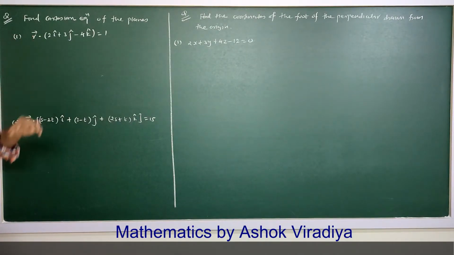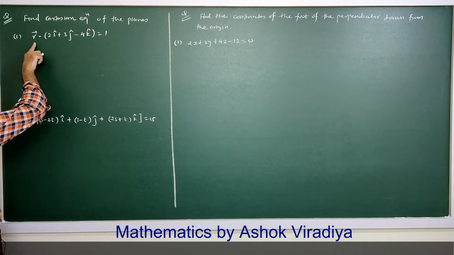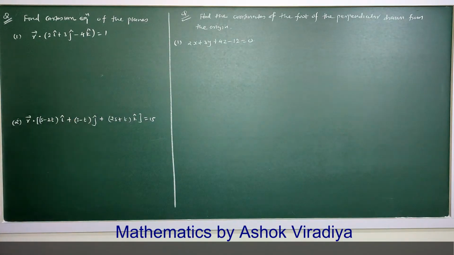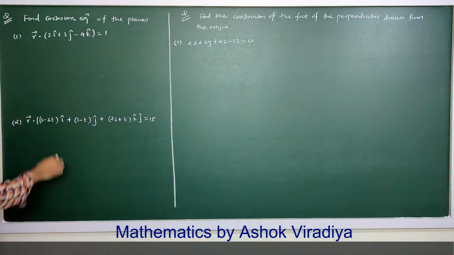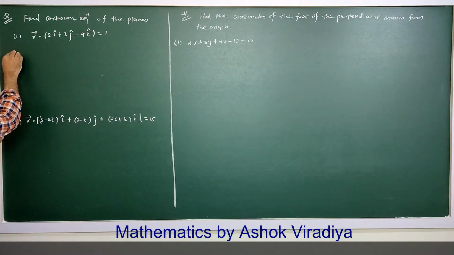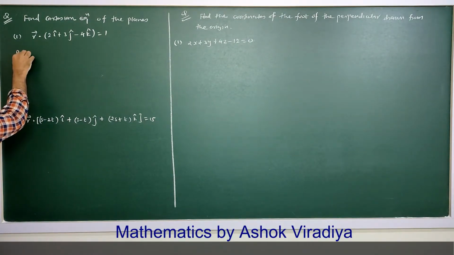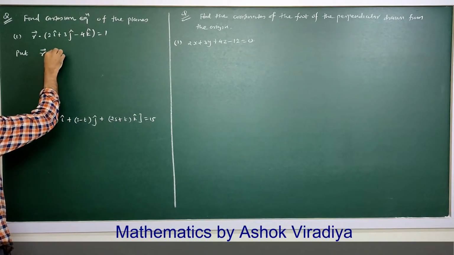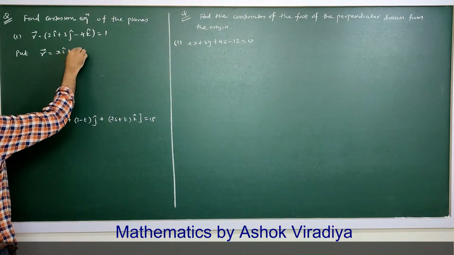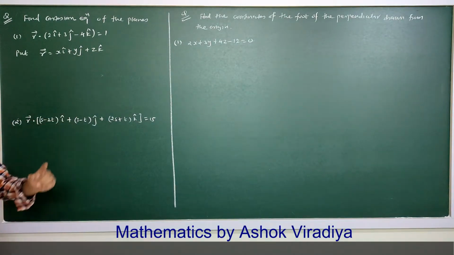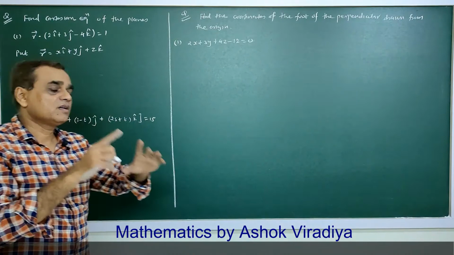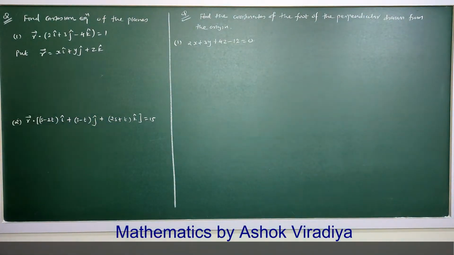Find the Cartesian equation of a plane. See, the equation of the plane is in vector form: vector r dot vector n equal to 1. So here to convert into Cartesian form, we are putting vector r equal to xi plus yj plus zk. This is the position vector of any variable point.